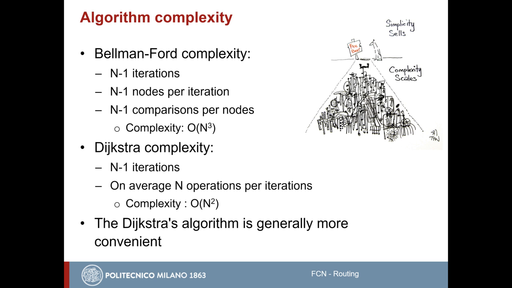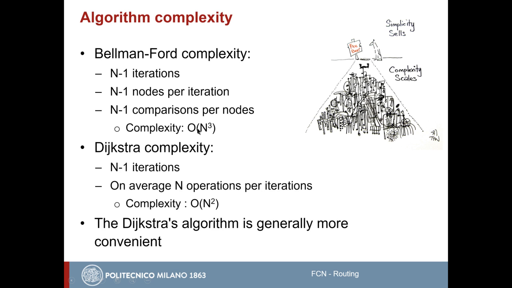And for each of these n-1 nodes, given by the index i when we wrote the algorithm, we had to consider n-1 comparisons, because for each i, j was the running variable that spanned all the nodes except the node equal to i. So if you put these together, it makes the complexity big O of n to the power 3.